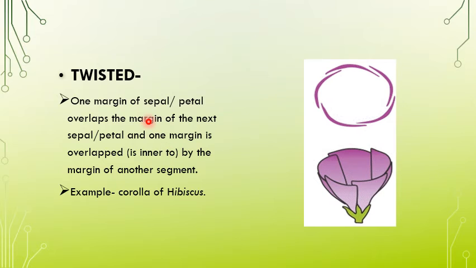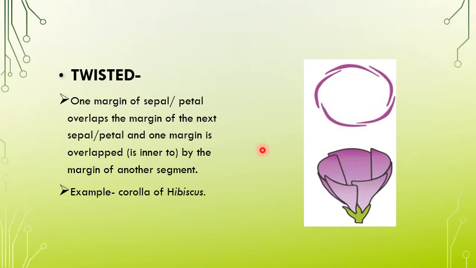The next one is twisted. One margin of a sepal or petal overlaps the margin of the next sepal or petal, and one margin is overlapped by the margin of another segment. So here you can see this is one petal or sepal. This is out, this is in, this is out, this is in. Means one is in and one is out.